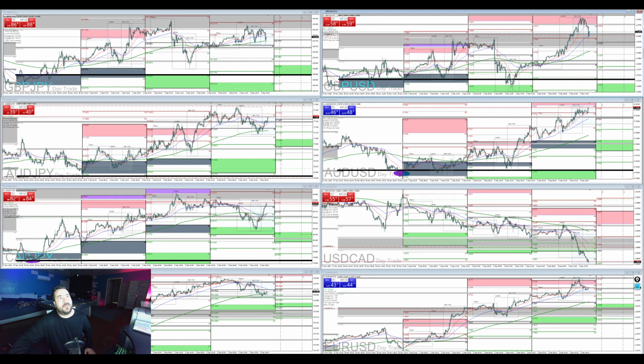Never had the opportunity to enter the pound that we were watching. We had that beautiful bounce off of central pivot on the pound, but I was looking for it to break above during the London or New York, and it broke above in the Tokyo and just never came back for an entry. Never had an entry on the Australian US dollar today.